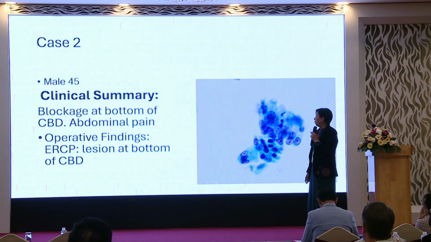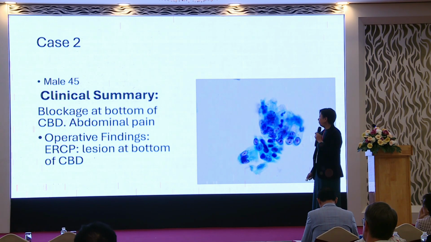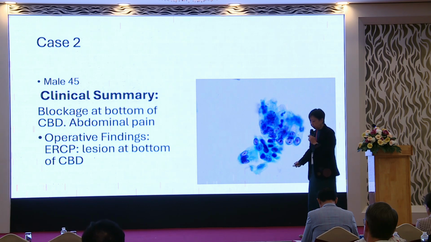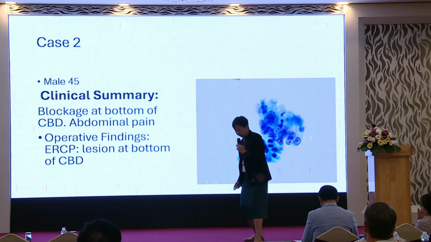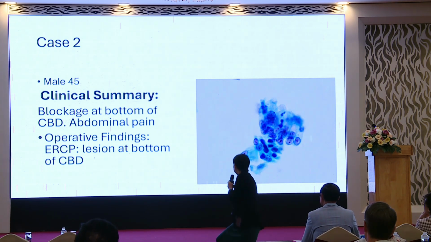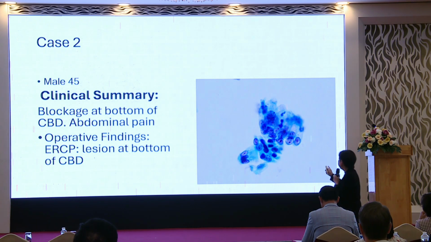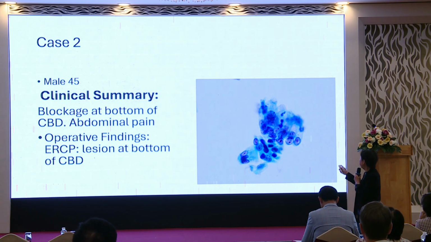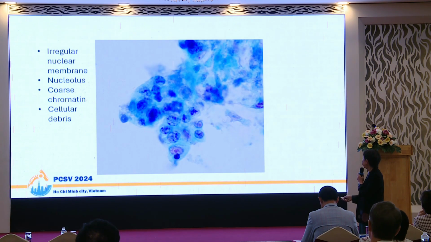Case 2 was a male, 45, where we had a blockage at the bottom of the CBD, and this is the lesion. I'm not sure whether you can see it. Okay, so you can see again that the cells are abnormal, the nucleoli are present, there's loss of polarity, and there is a difference in the nuclear membrane thickness.